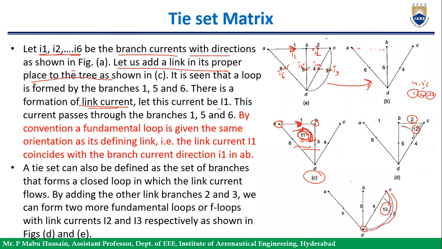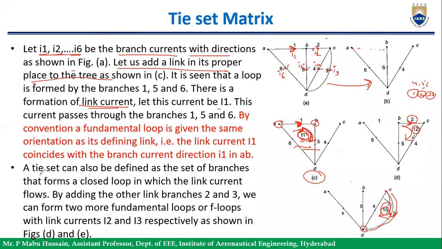In link 2 this is the direction, so the current will be in this direction. On link 3 also it is the same, in the downward direction. So you have to choose the direction of current the same as the link current.